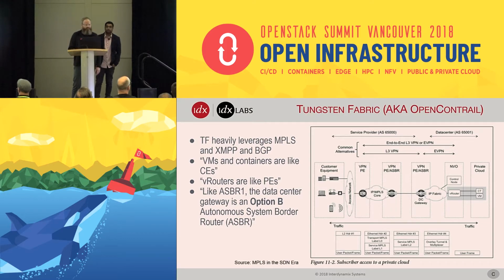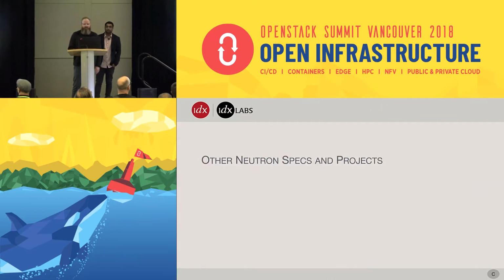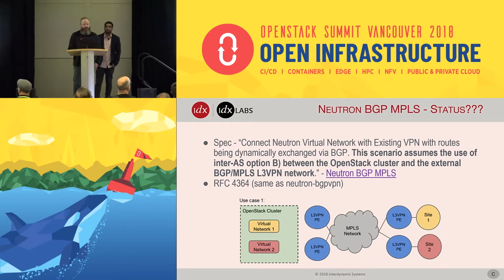So there are a few other related Neutron specs and projects. One of them, and I'm not completely sure what the status is. Mostly what I'm suggesting here is that people have been thinking about this kind of work for a while, right? So there's a Neutron BGP MPLS spec.